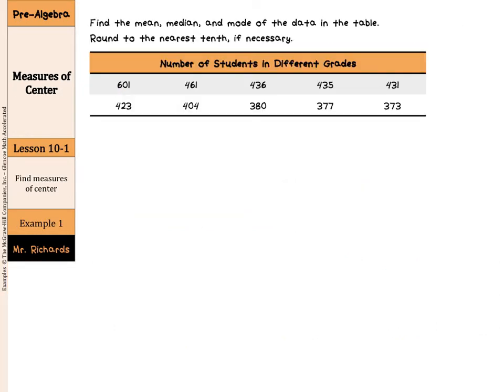In our first example, we need to find the mean, median, and mode of the data in the table and round to the nearest tenth if necessary. Well, let's start off with the mean.